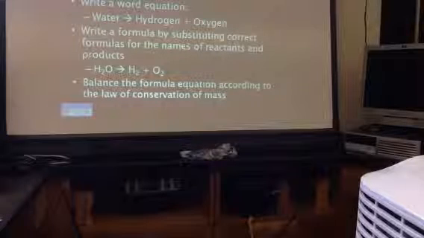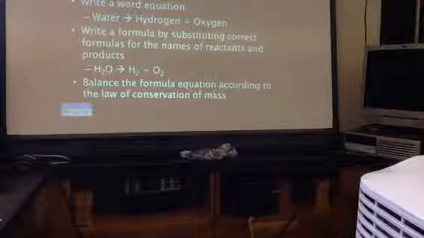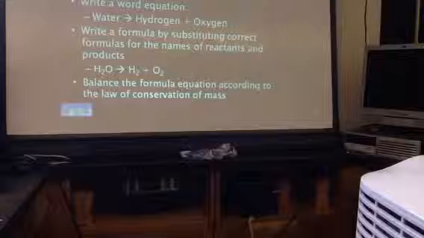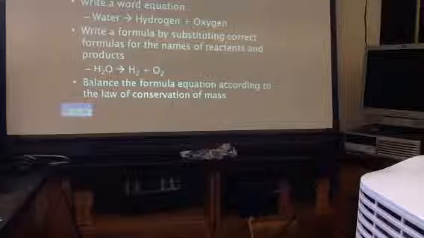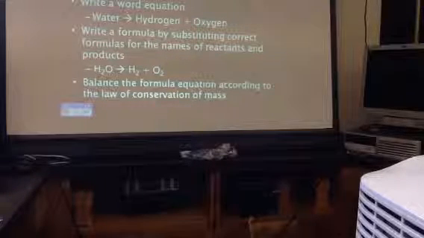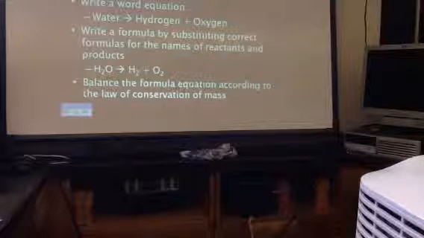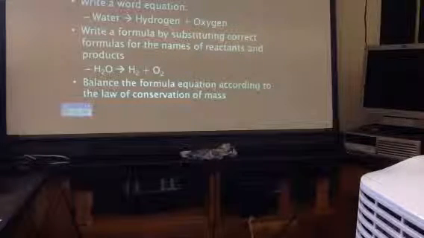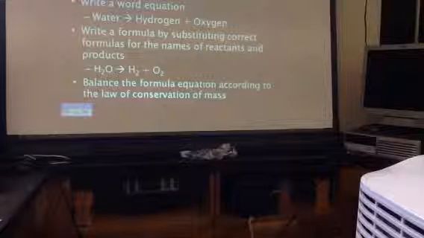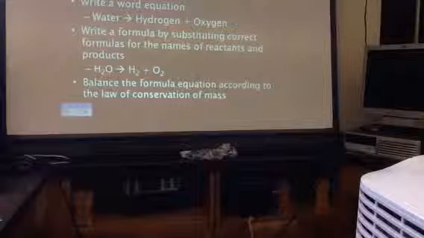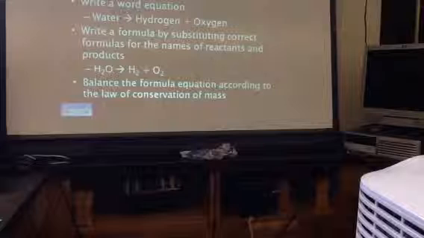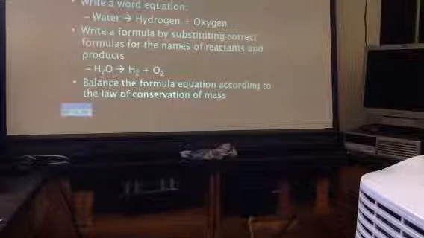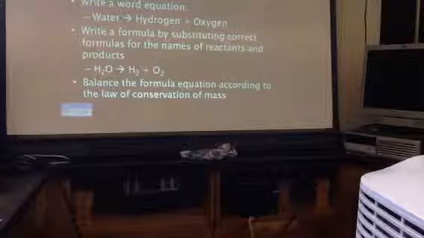I will tell you that in the other classes, most of the people who were stuck on balancing had bad equations to start with. When you get onto the back side of that sheet where you're writing all the formulas, it's really easy to screw those up by not writing the correct formula. And then it'll never balance because it's not an actual reaction.